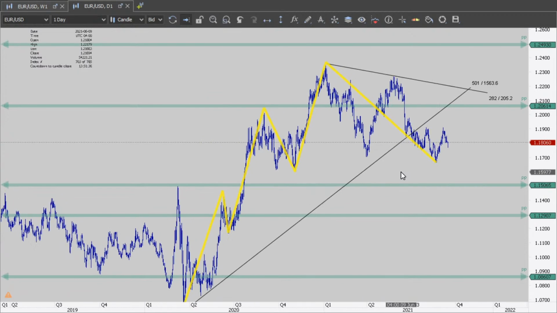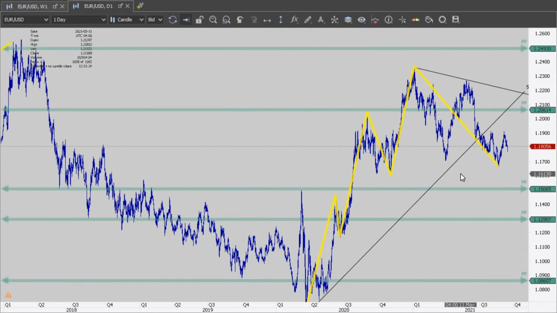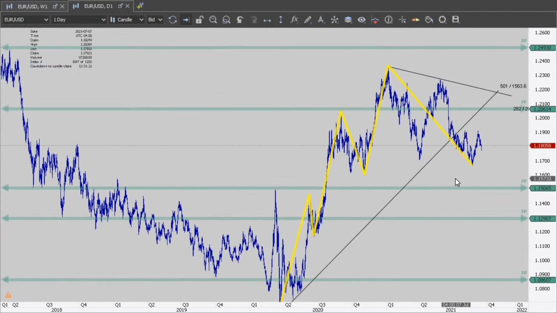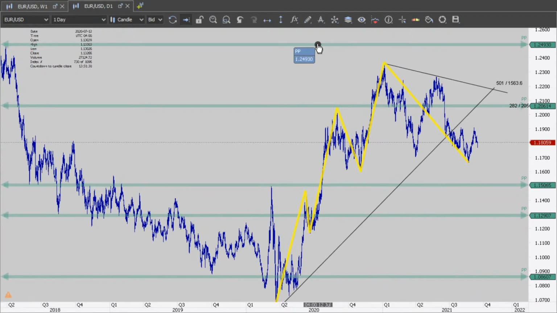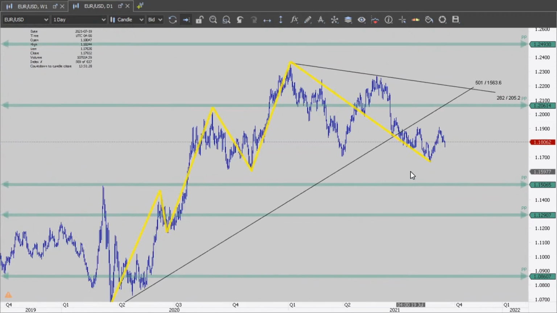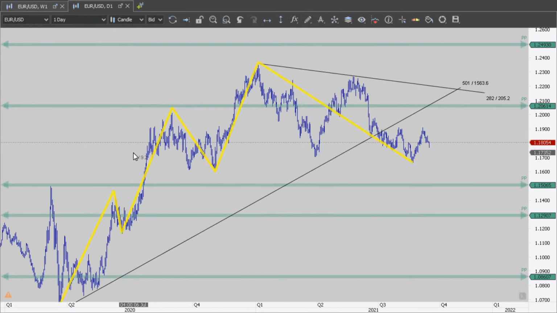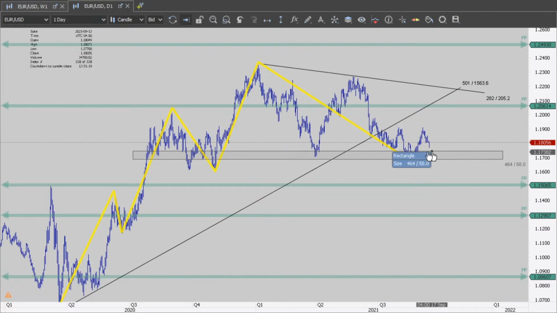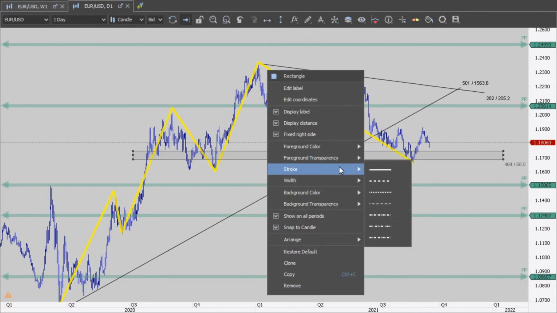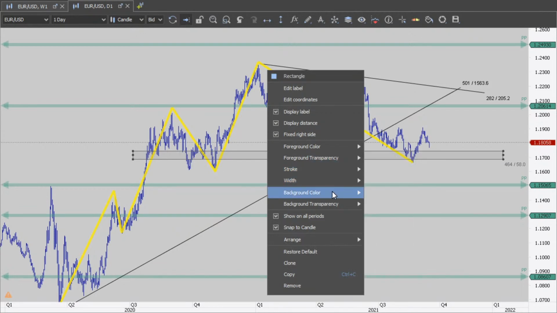What else can we see, right? What else can we see? We can see the market from the daily chart. It went sideways, right? So the market is kind of respecting this area here. It's an area, so this would be support, background color, something like this.